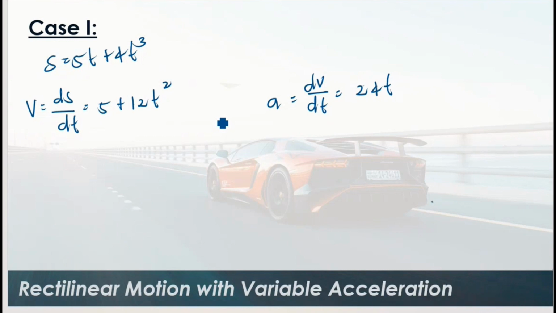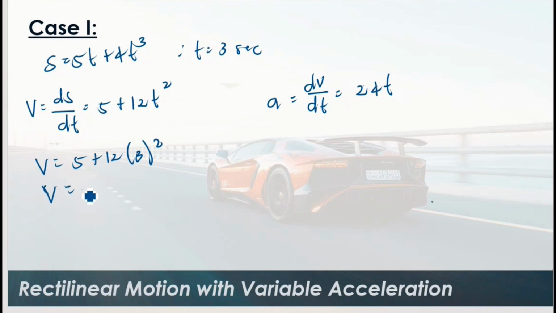So applying t equal to 3 seconds, given in the problem, velocity is equal to 5 plus 12 multiplied by 3 squared. V is equal to 113 feet per second, and acceleration is equal to 24 multiplied by 3, which is 72 feet per second squared.